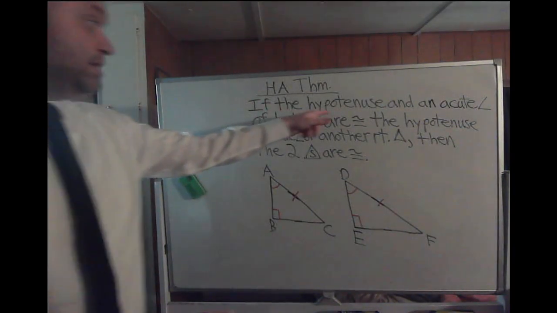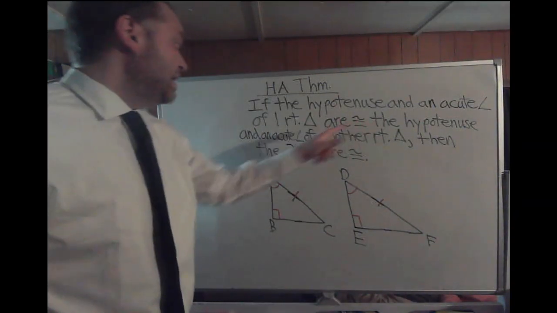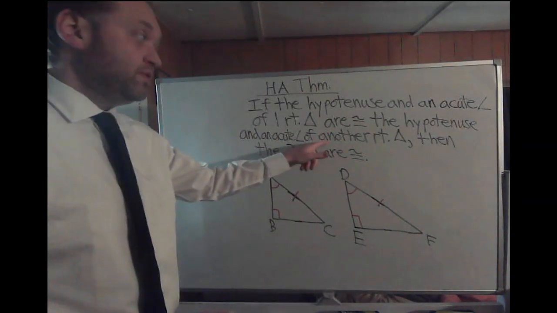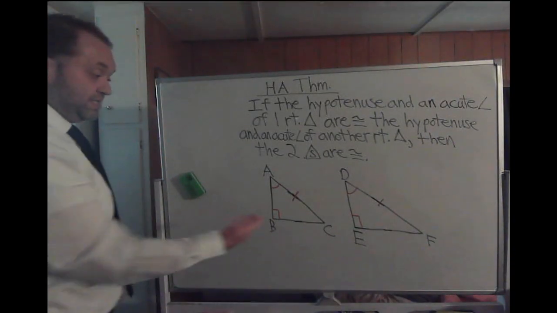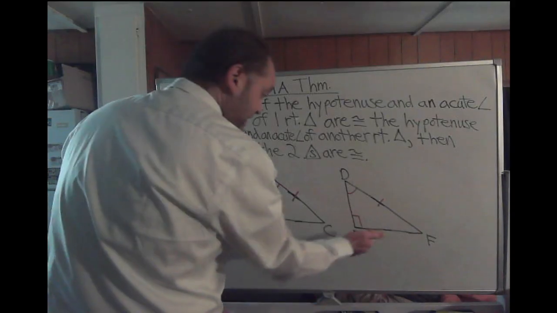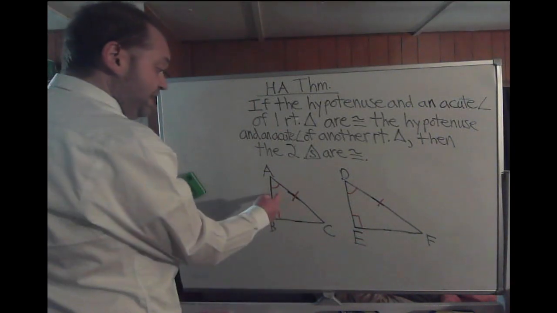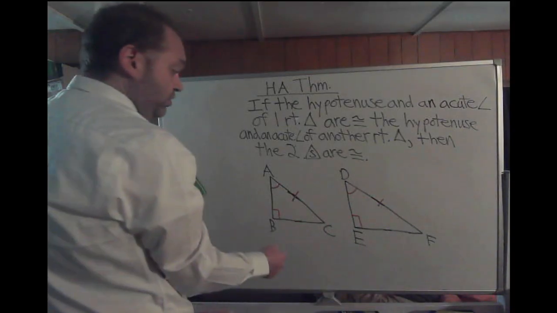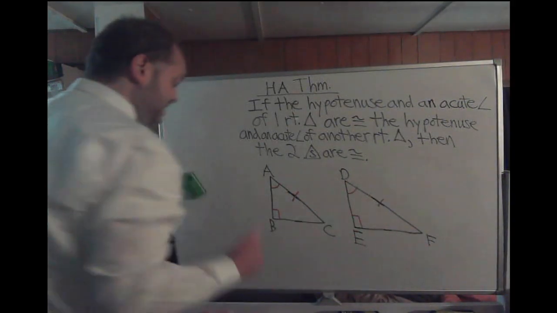If the hypotenuse and an acute angle of one right triangle are congruent to the hypotenuse and an acute angle of another right triangle, then the two triangles are congruent. So once again, we have triangles ABC and DEF. They're both right triangles. We see that angles A and D are congruent, and then hypotenuse AC is congruent to hypotenuse DF.